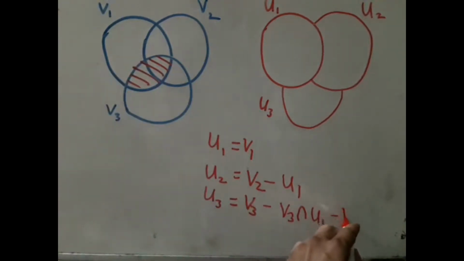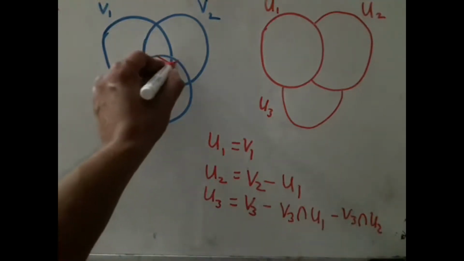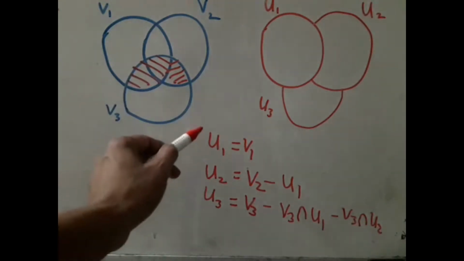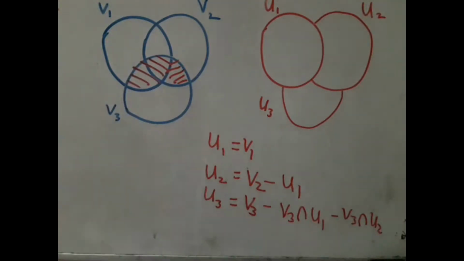Also I am removing the part which is inside U2, which is this part. So I get rid of these and I define U1, U2, U3 with the property that they have the same union as my original sets. However, they also have the additional property of being disjoint.